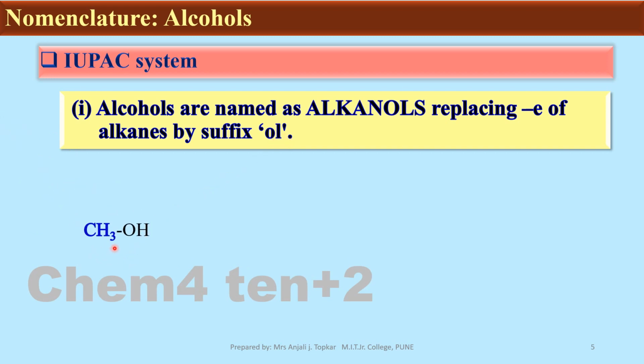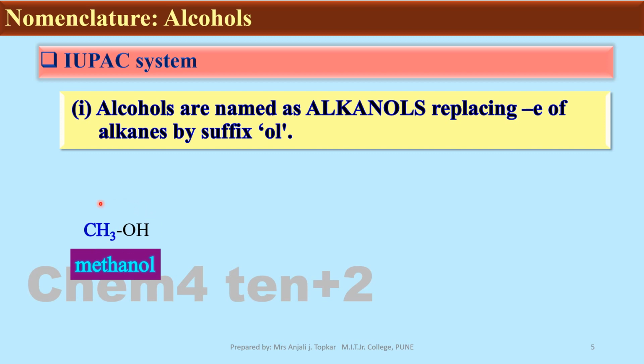Here we find CH3OH. The name of the compound in IUPAC system is methanol. Since this compound contains one carbon atom, it is the derivative of methane.